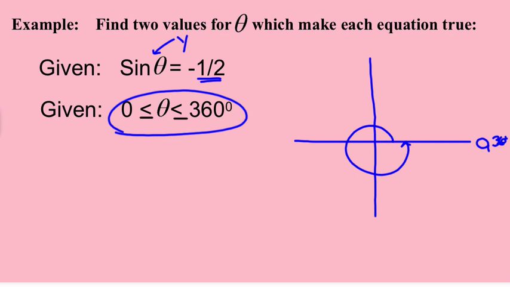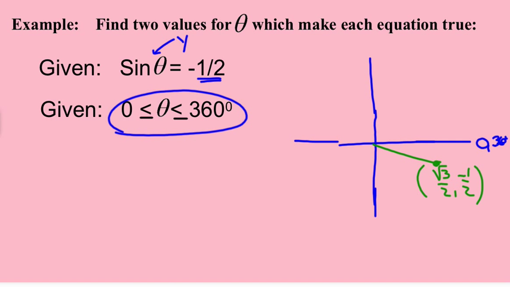So I'm just going to erase this circle here. And one of the places that the sine is negative 1/2 on the unit circle, the point is square root of 3/2, negative 1/2. That's the point. This represents the cosine. This represents the sine.